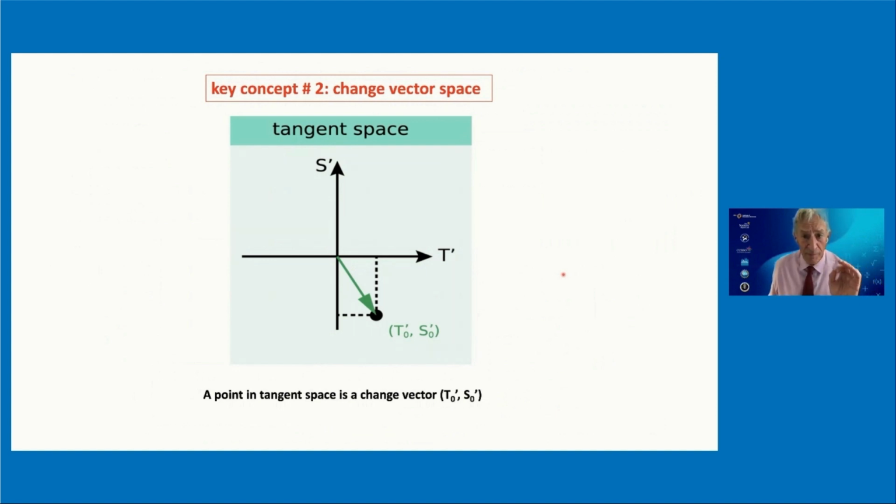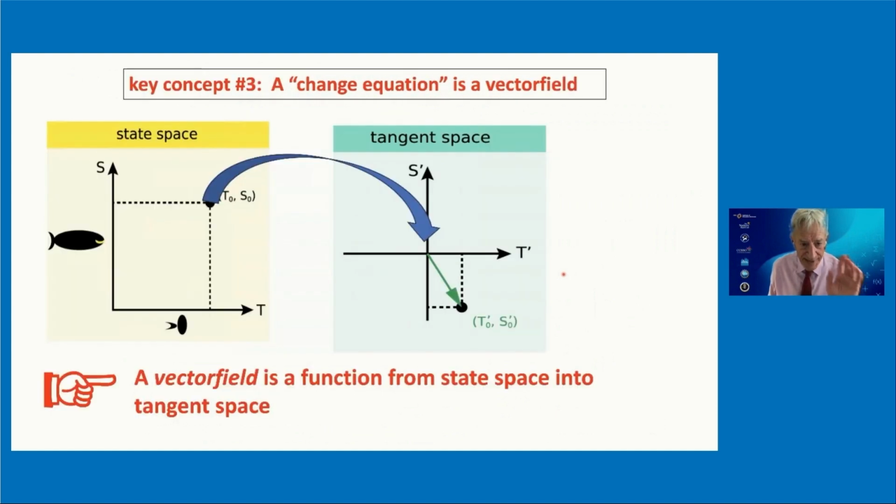And then the third and the magic concept, and if you take nothing from this talk but take this slide. What is a change equation? In 20th century math, a change equation is a vector field. And a vector field is a function from state space into tangent space.